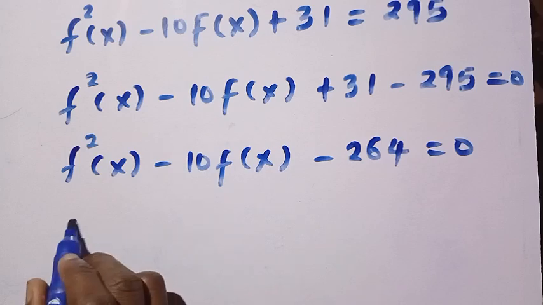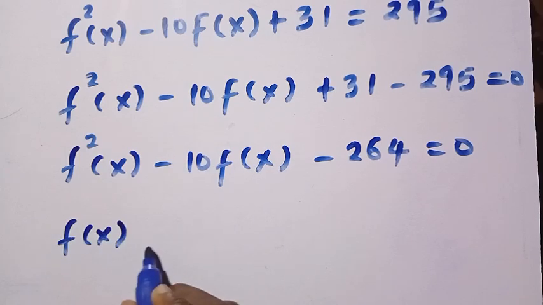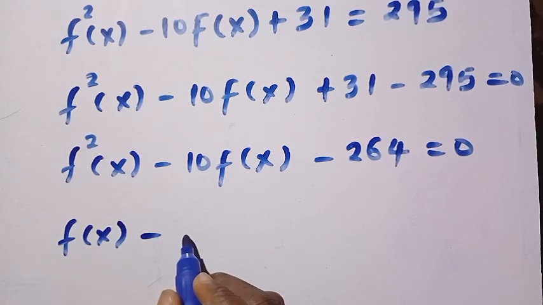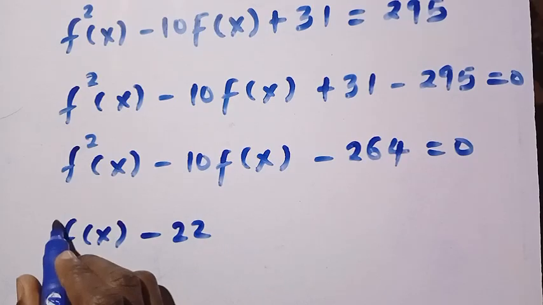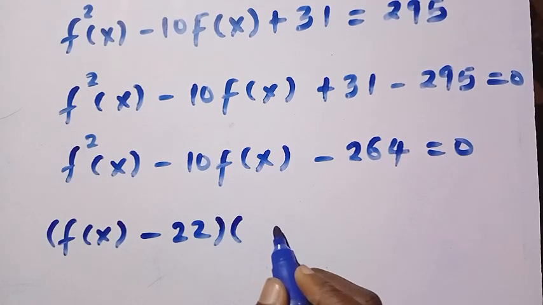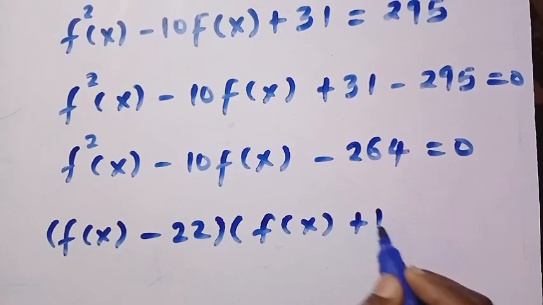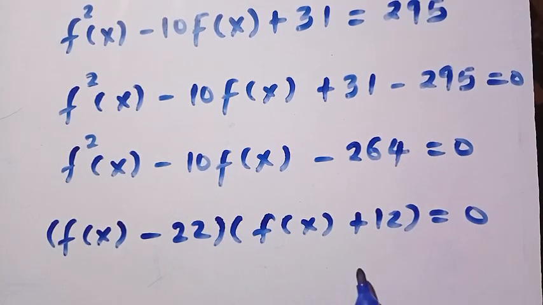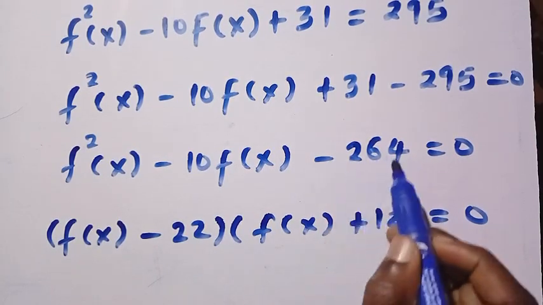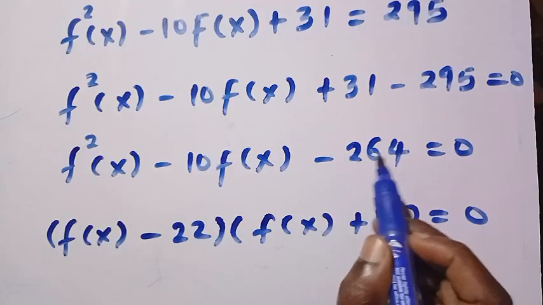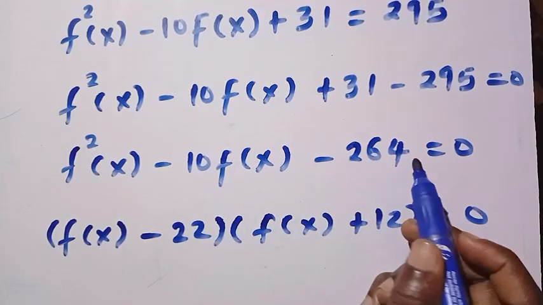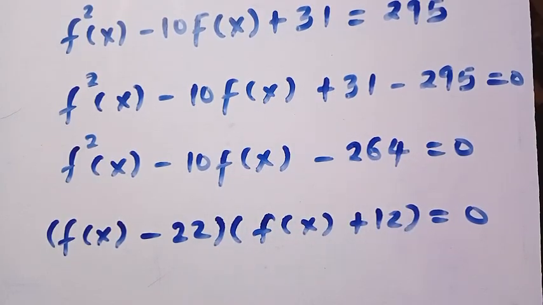So factorizing this, we are going to have open bracket f of x minus 22, close bracket, open bracket f of x plus 12 equals 0. I did this looking at all the factors of this, but the factors that satisfy this are 22 and 12. So that's how I got this.